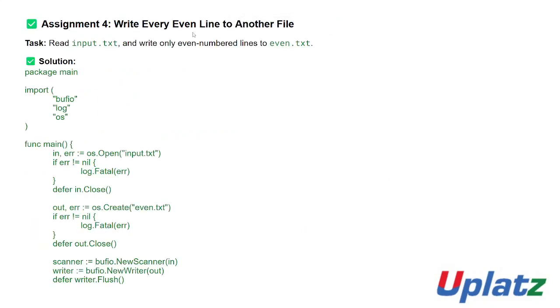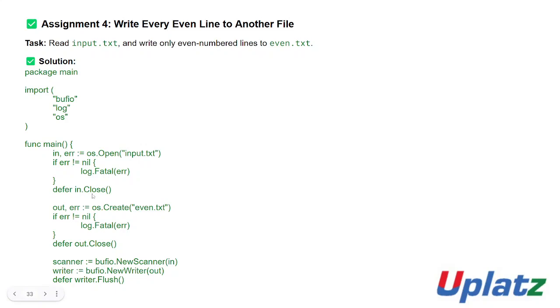Assignment 4. Write every even line to another file. Read input.txt. Write only even-numbered lines to even.txt. Package main, import bufio, log, os. Func main, in, err := os.Open("input.txt"). If err != nil, then log.Fatal(err). Defer in.Close().